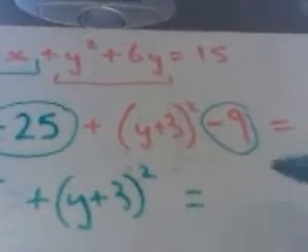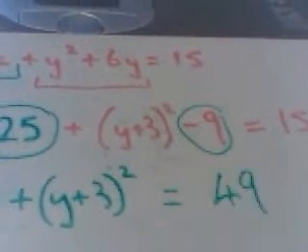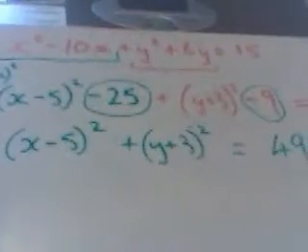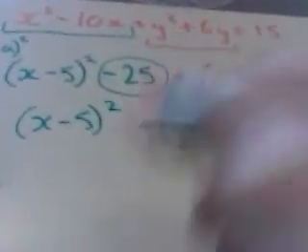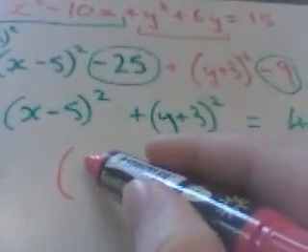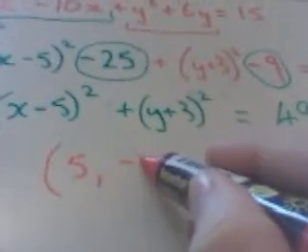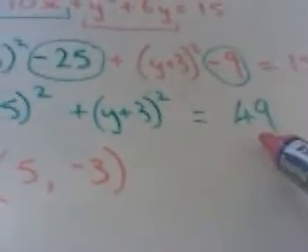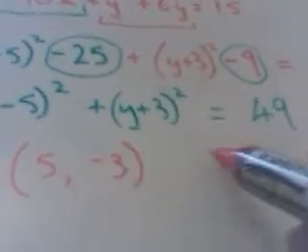So if we add those on, we should get an answer of 49. At this point we can safely say that the centre of the circle is at 5, negative 3. The square root of 49 is 7.